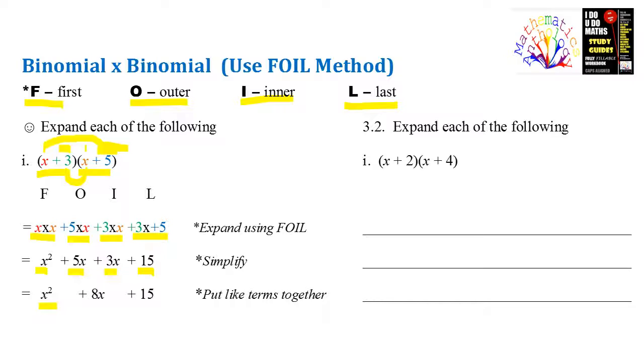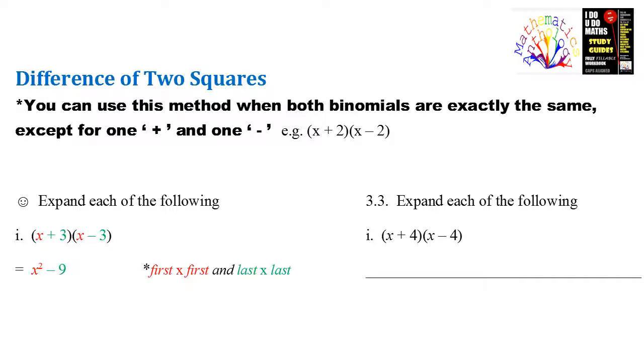Is there another x term? Yes, it's positive 3x. So we put those 2 terms together. So positive 5x plus positive 3x is positive 8x. And 15 here, there's no other constant around, so 15 will stay as 15. So my final answer then will be x squared plus 8x plus 15.